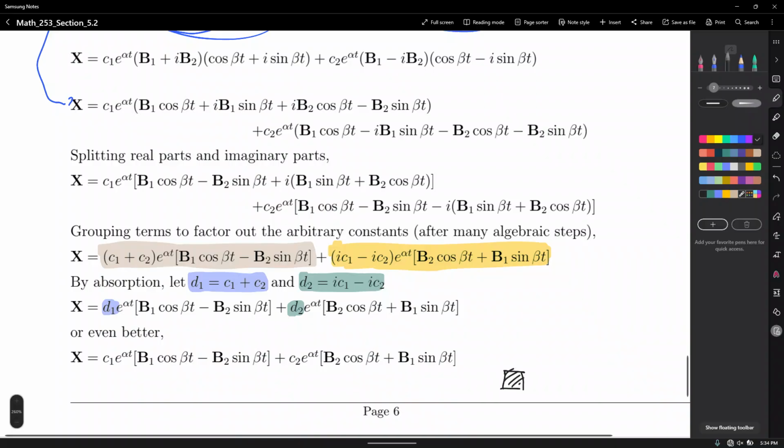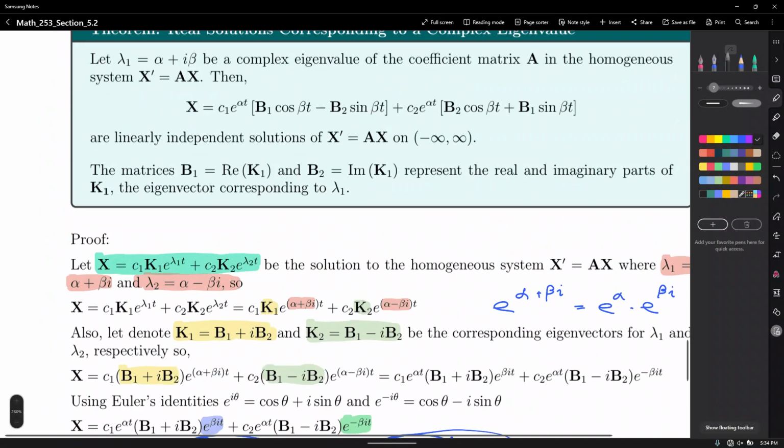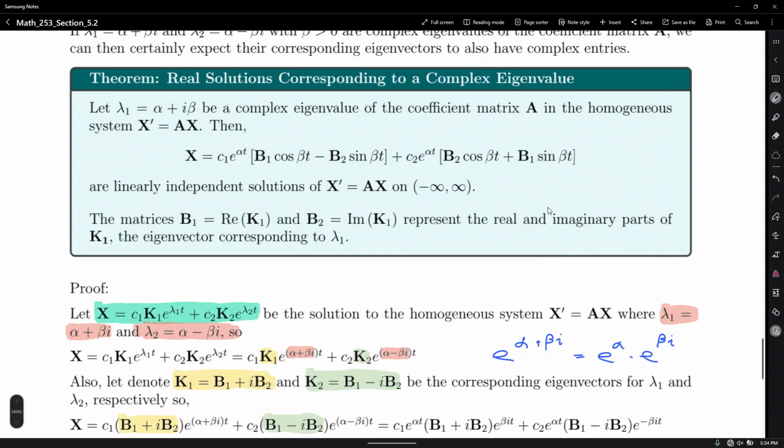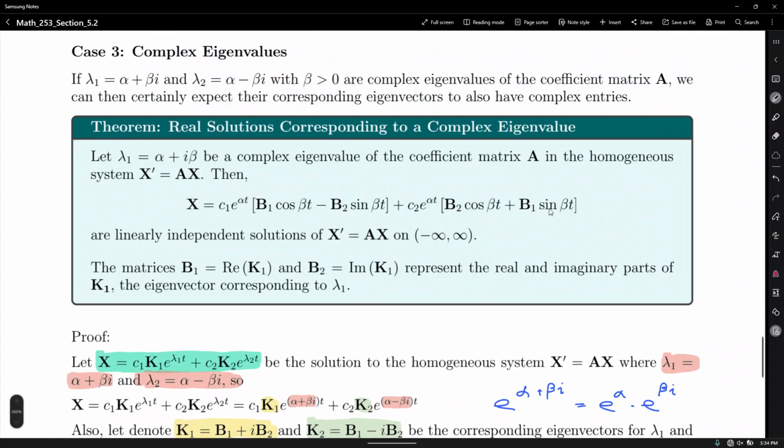Now, the derivation looks scary. Yeah, I agree. There are a lot of algebraic steps that I decided to just show as a presentation rather than doing the whole thing. But there's a great advantage when we are working with complex eigenvalues, and that advantage is that we only have to worry about one eigenvalue.